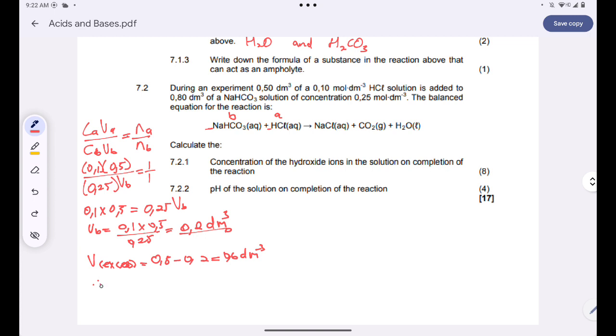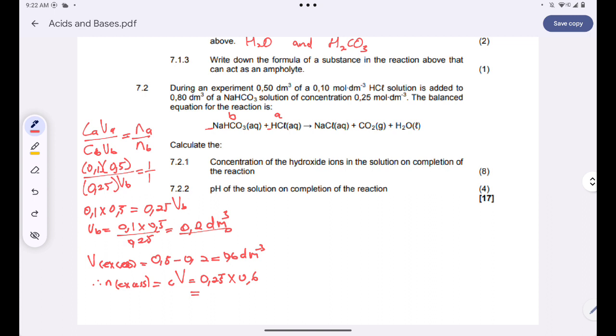And then therefore the number of moles of my base in excess is simply concentration multiplied by the excess volume. The concentration of my base is 0.25 multiplied by 0.6. Remember that the excess volume was 0.6, right?